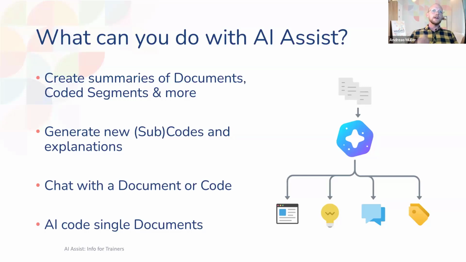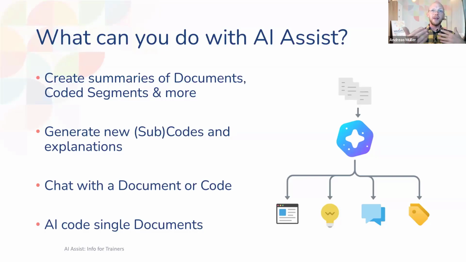We can use AI Assist to generate new ideas, like my example with the poem about matches. In our case, we don't want the poem, but we maybe want new ideas for codes, for subcodes, or explanations. The third type I see is chatting with a document or code.